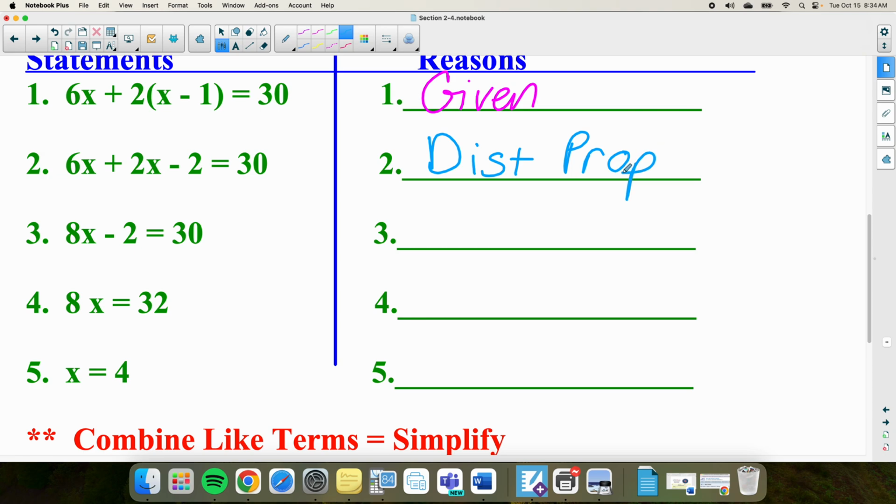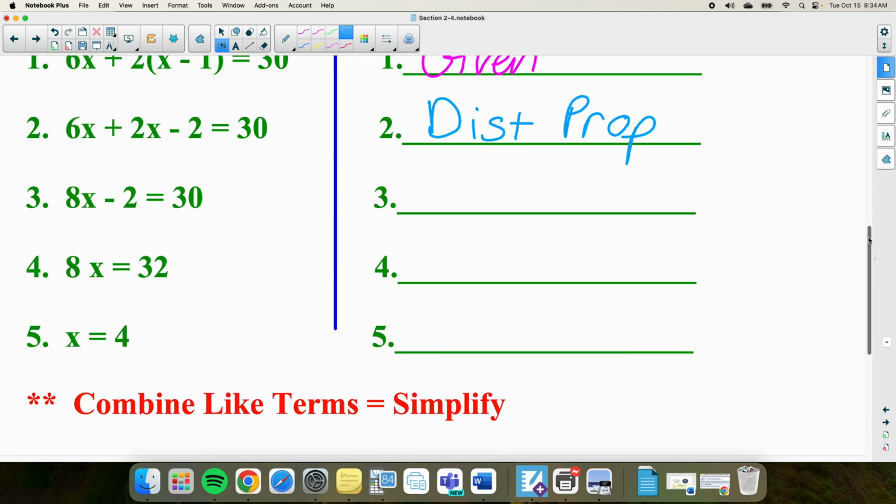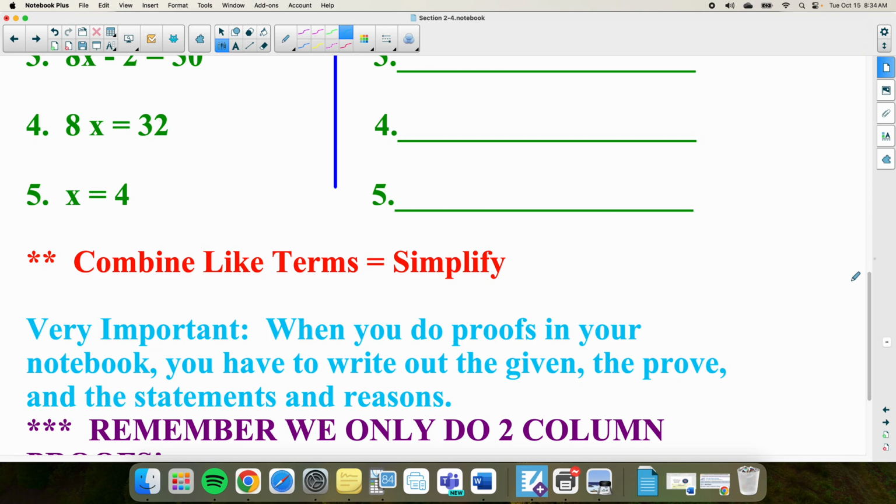Okay. Now, down here, you guys have, I'm gonna give you a new cheat sheet that we won't use very much in this section, but you can use it on your next quiz. We'll use it a little bit back next week on Monday. But I'd like you to copy what's in red up there, like on the top of this, okay? Just so you have that on a cheat sheet for the quiz in case you forget.